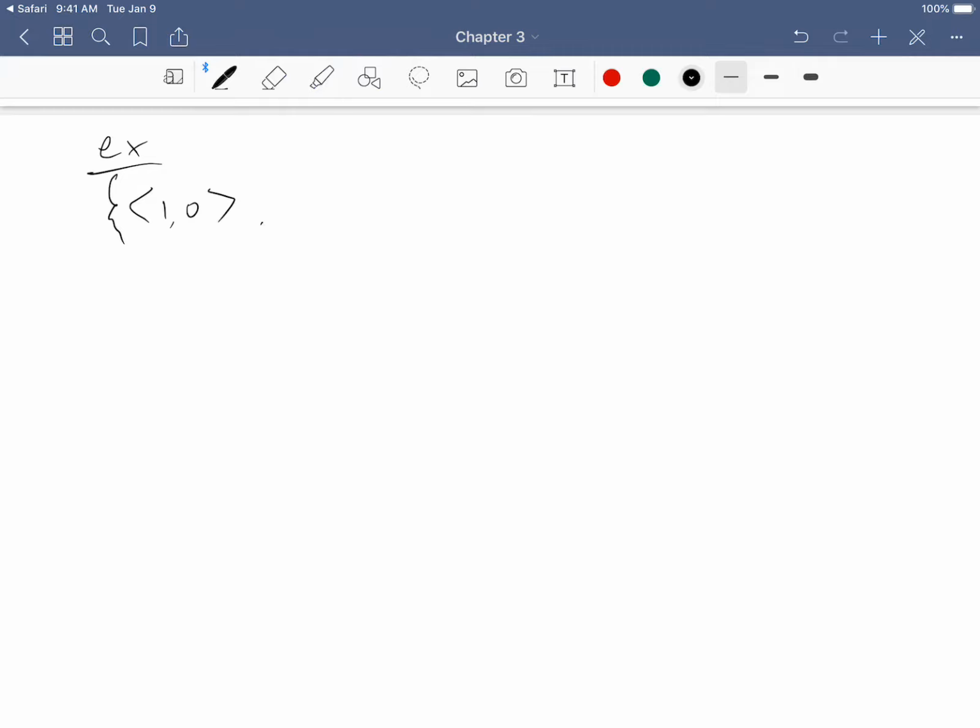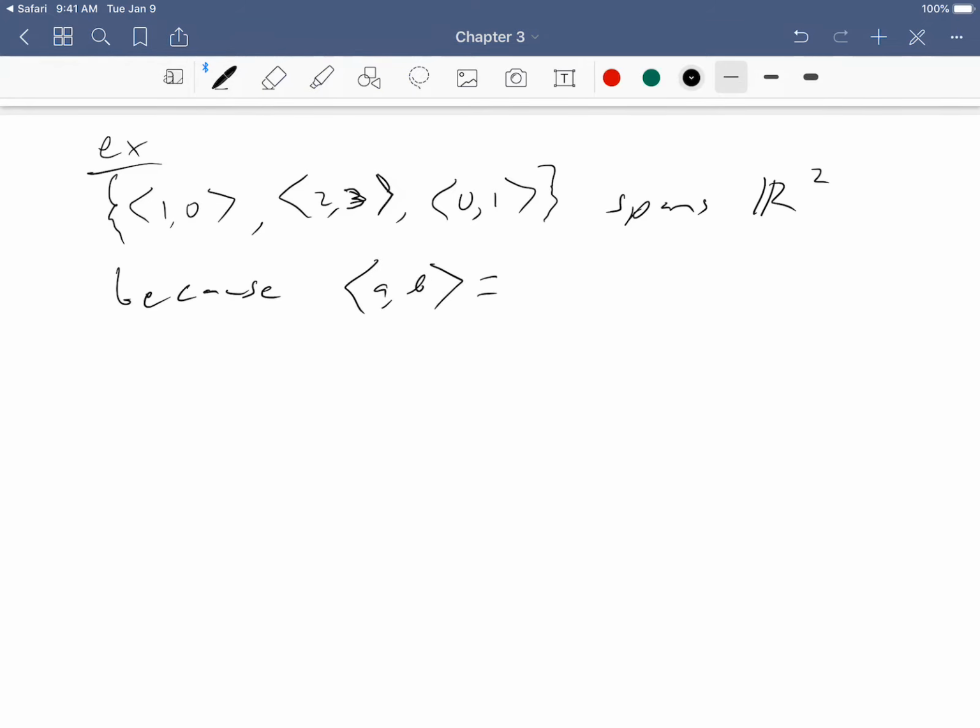The set (1, 0), (2, 3), and then (0, 1) also spans R2, because again, I can take a generic vector in R2 and write it as a times (1, 0) plus 0 times (2, 3) plus b times (0, 1). Notice this one's a little different because I didn't actually use the (2, 3) vector. I just put 0 of them in there.